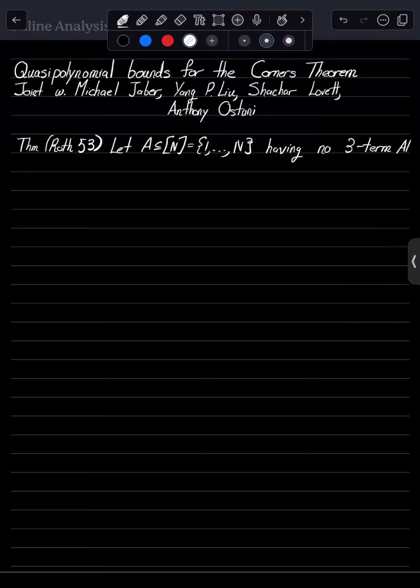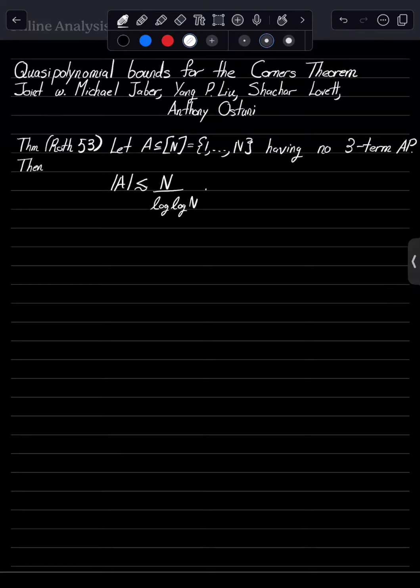And AP here will always be shorthand for arithmetic progression. Then the size of A is bounded by n divided by log n.